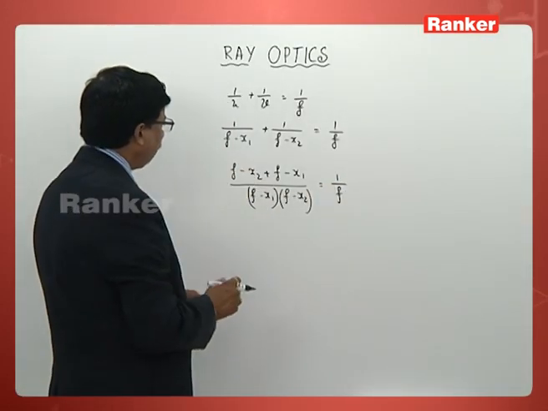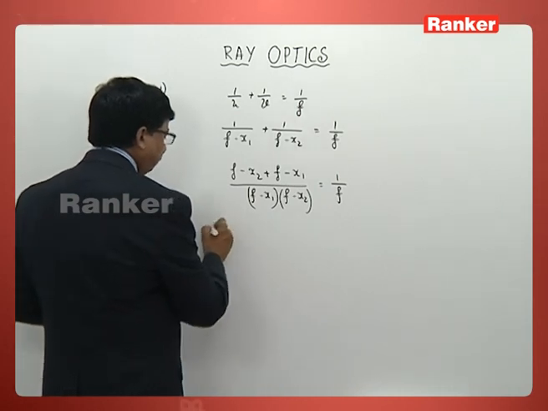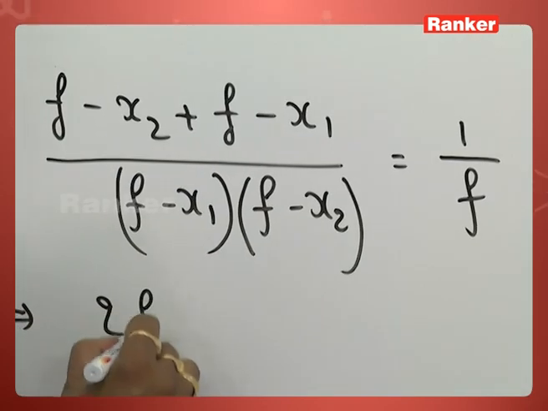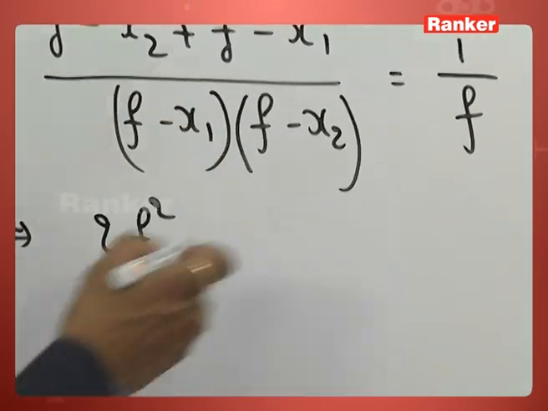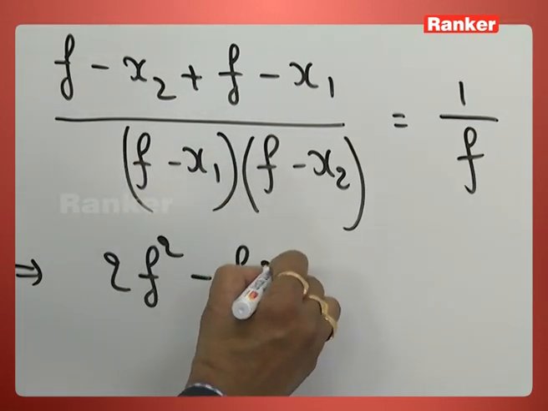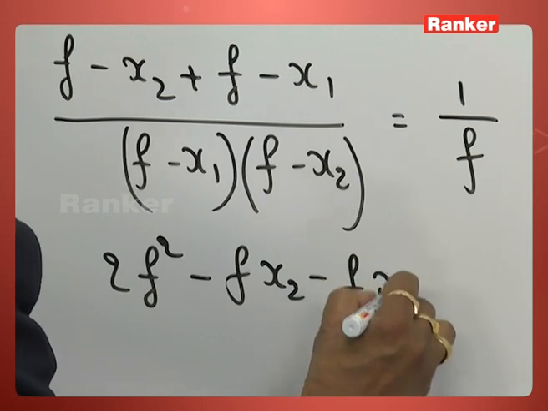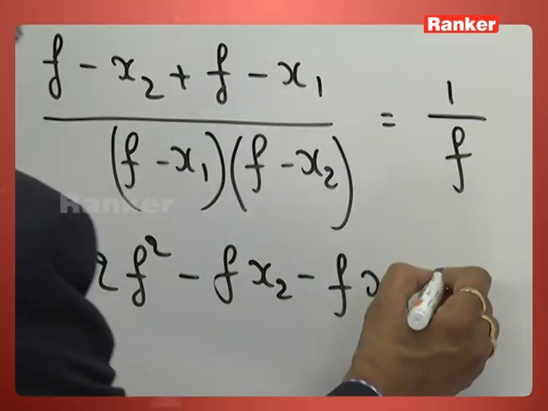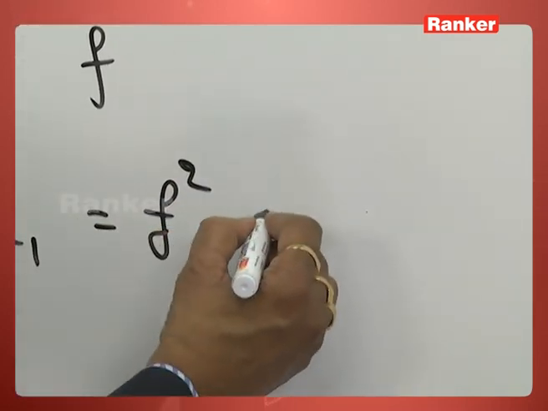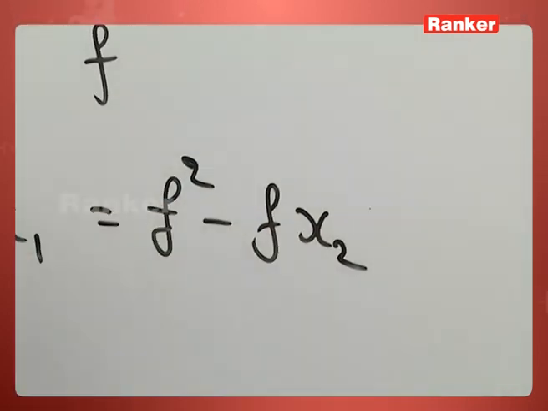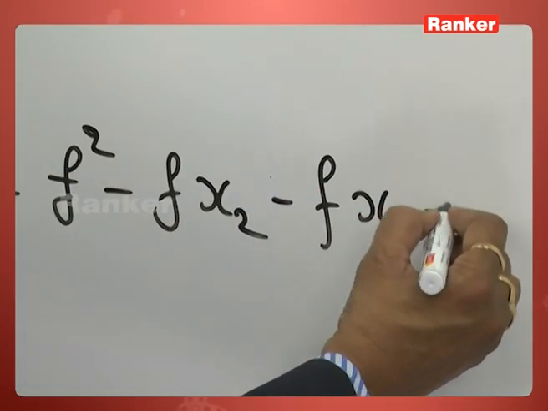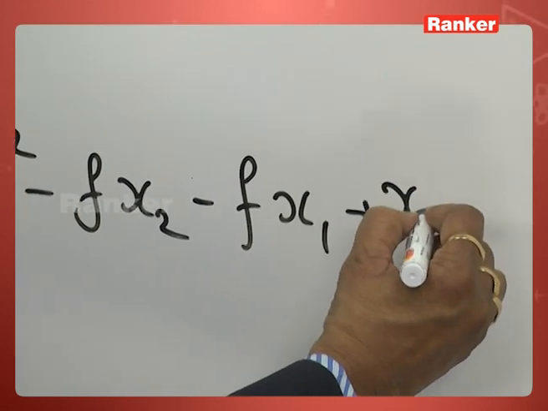Now simply cross multiply this equation first. This is already 2f into f, it now becomes 2f square here. Fine. Now minus f x2 minus f x1. That is going to be f square minus f x2 minus f x1, minus into minus plus x1 x2.